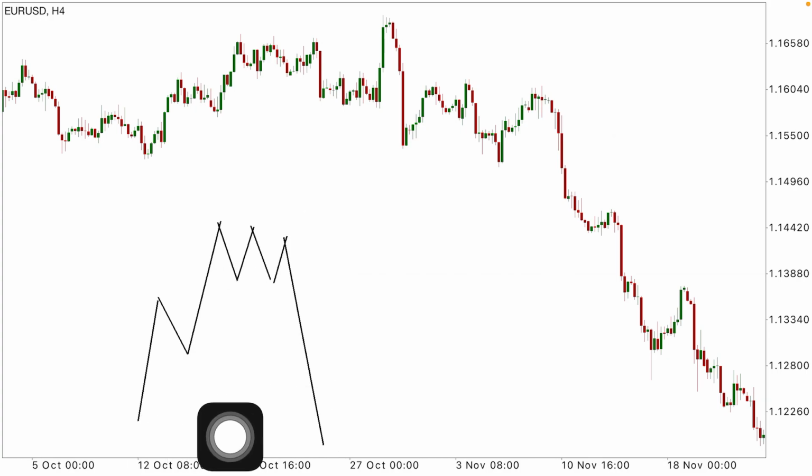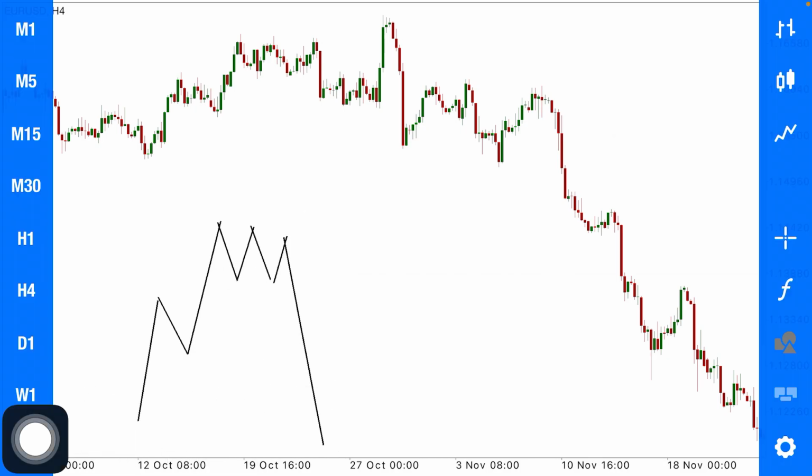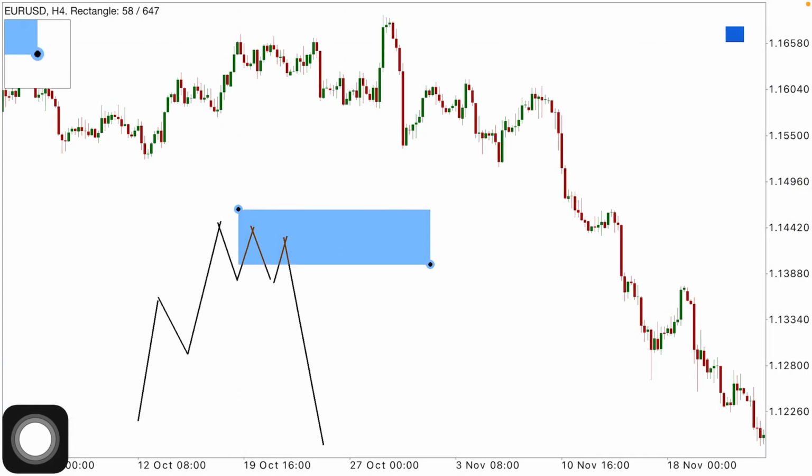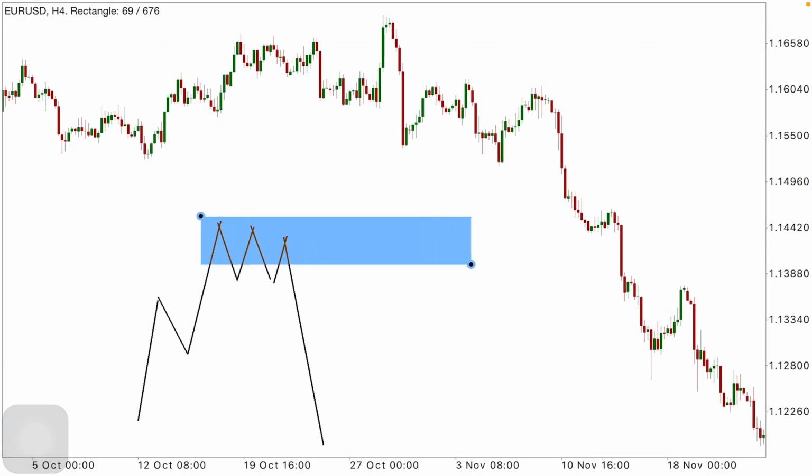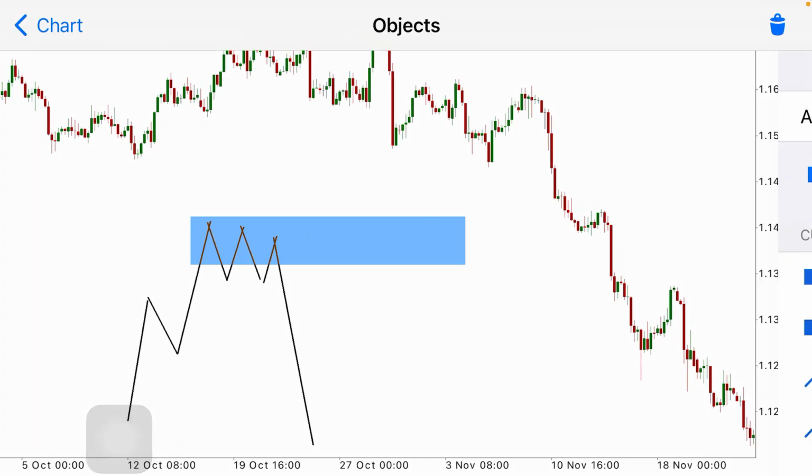Rally base drop, the supply zone. We would now expect price to buy up, return to this zone and now sell. So this is your rally base drop supply zone.